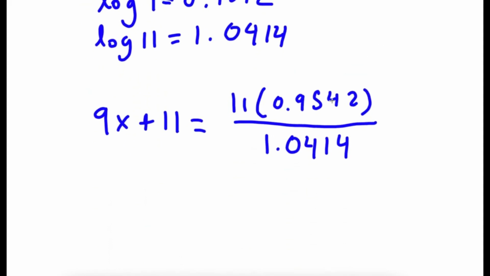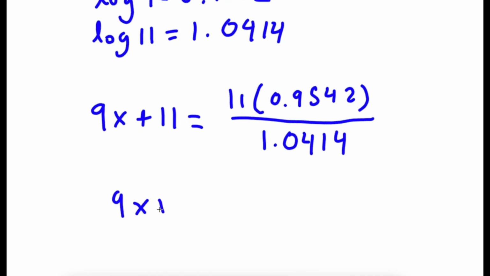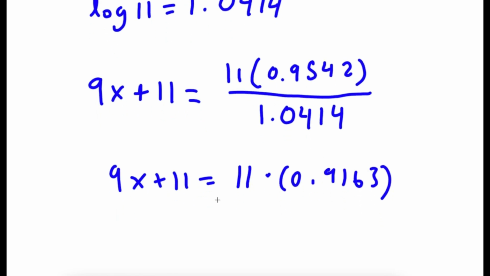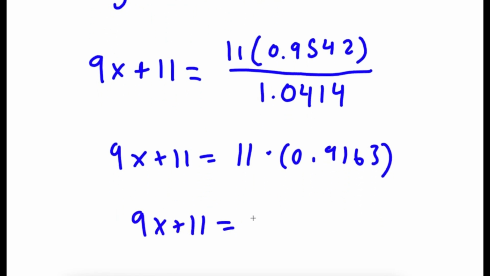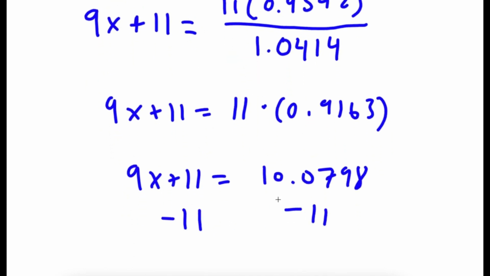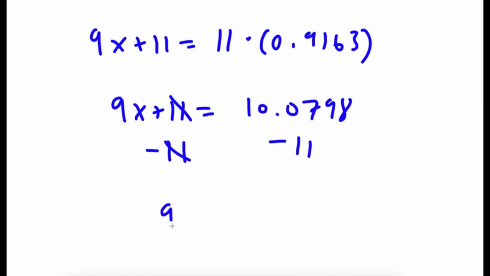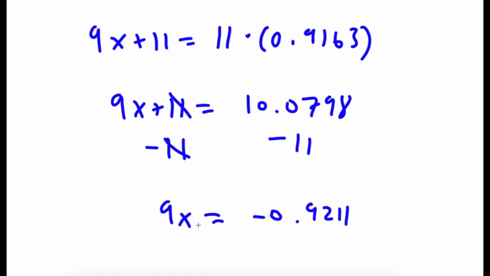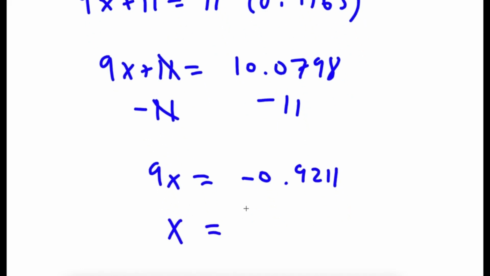Now 0.9542 over 1.0414, that's going to equal 0.9163, so 11 times that is 10.0789. So 9x plus 11 is equal to 10.0789. So I have this minus 11. So now I have 9x is equal to negative 0.9211, meaning x is equal to negative 0.1023.